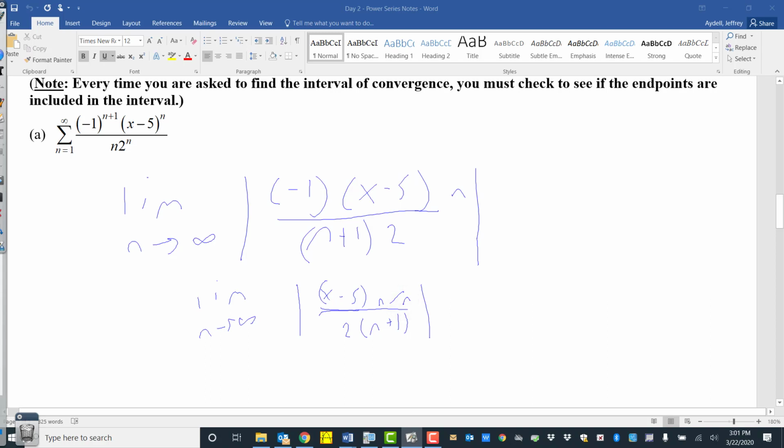So divide by n, and watch what happens here. The limit as n goes to infinity of the absolute value of x minus 5, those n's cancel here, over 2 times n over n will just give us 2, plus 1 over n. And now as n goes to infinity, it's much easier to see. This just goes to 0. And we're just left with the absolute value of x minus 5 over 2. All right, so now let's rewrite this.